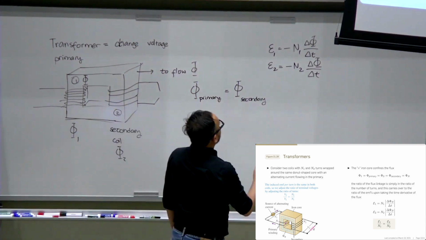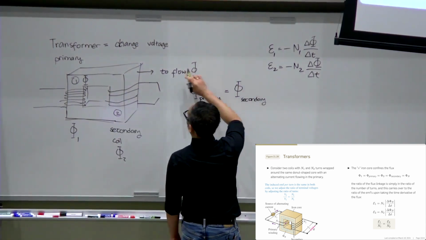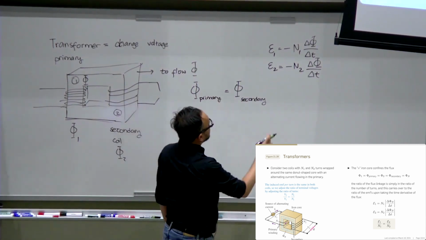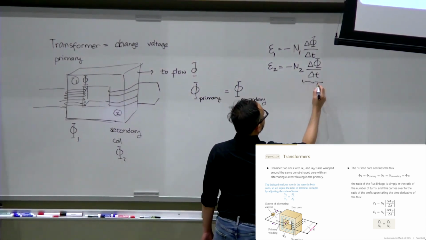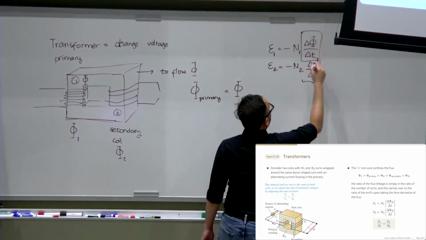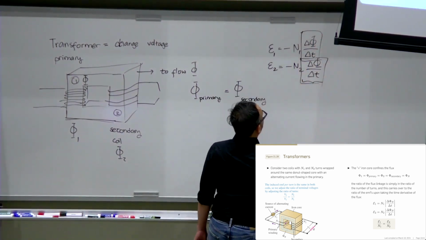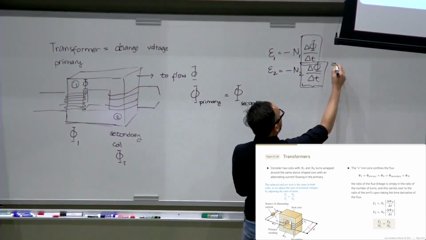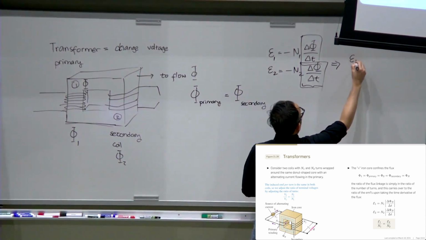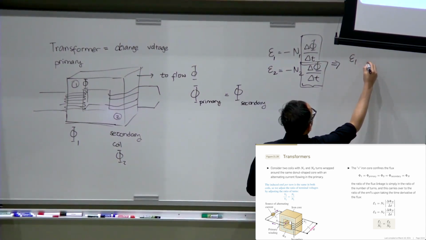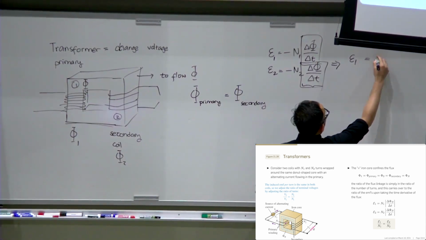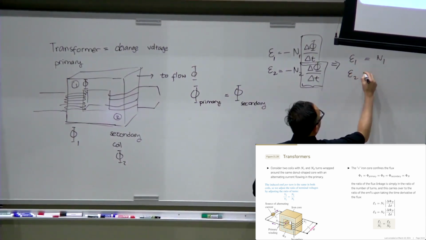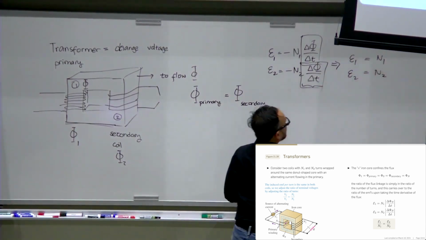Okay. Since the flux of the primary and secondary are identical, that means this part of the equations is identical. So from this, can you see this whiteboard? E1 is equal to N1 times something, and then E2 is also equal to N2 times the same thing.